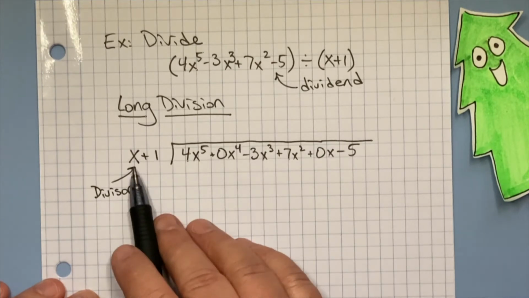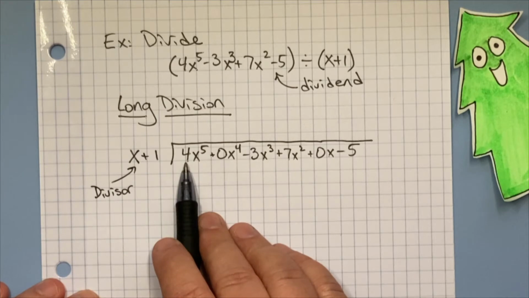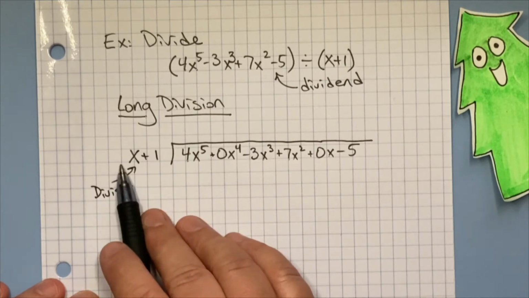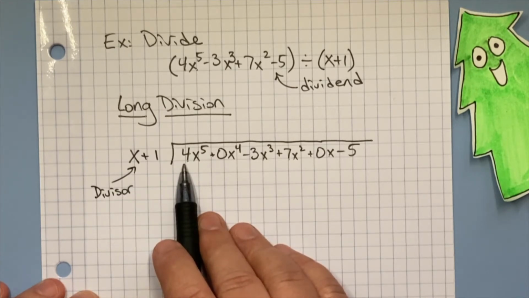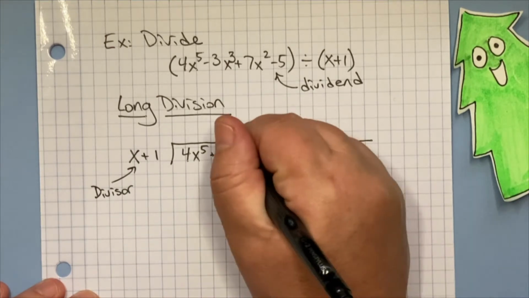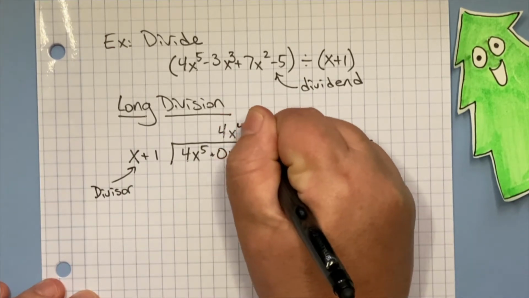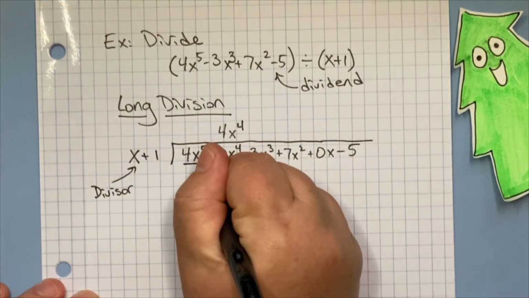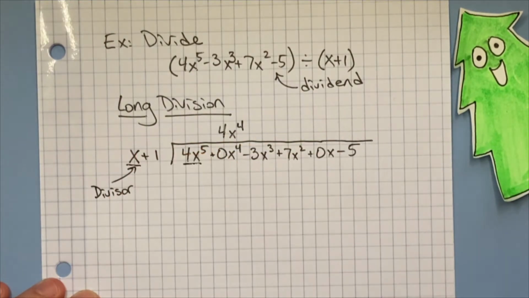So I'm thinking, what times x gets me to 4x to the fifth? And I need to stick in a 4, and I need 4 more x's, right? So I'm going to have 4x to the fourth. And that's because I'm looking at just the leading term of the divisor and the leading term of the dividend.